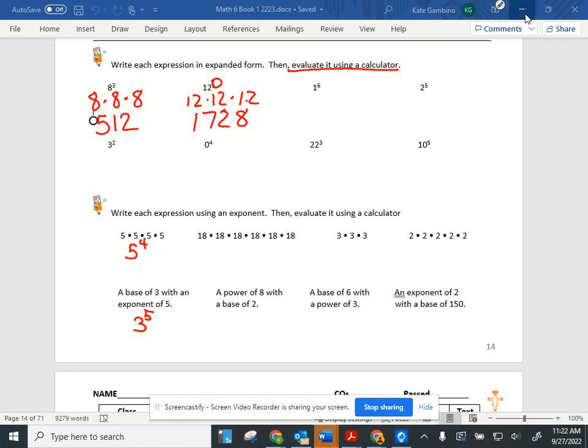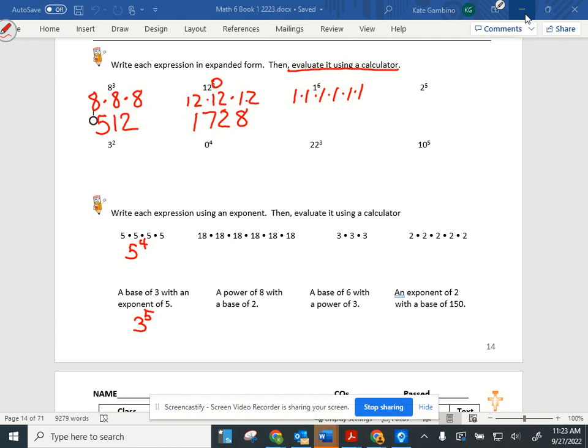So the 1 to the 6th power and the 0 to the 4th power. Well, what would 1 to the 6th power look like? 1 times 1 times 1 times 1. Yeah, but when I did it on my calculator, it said it equals 1, but that doesn't sound right. Well, what's 1 times anything? The number it's multiplying by.